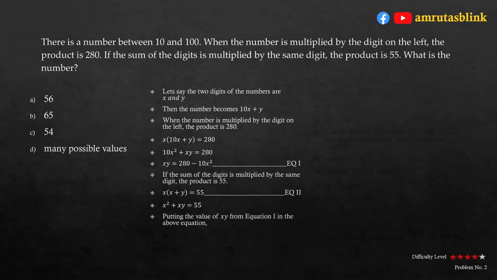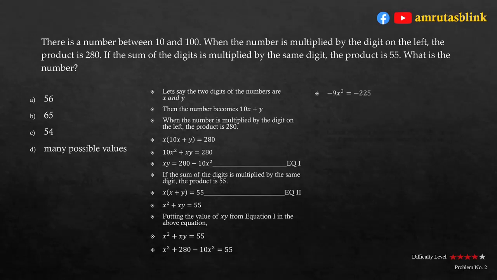Now I will put this value of xy in equation 2, that is x square plus xy is equal to 55. Hence instead of xy we write 280 minus 10x square, and so x square plus 280 minus 10x square is equal to 55.